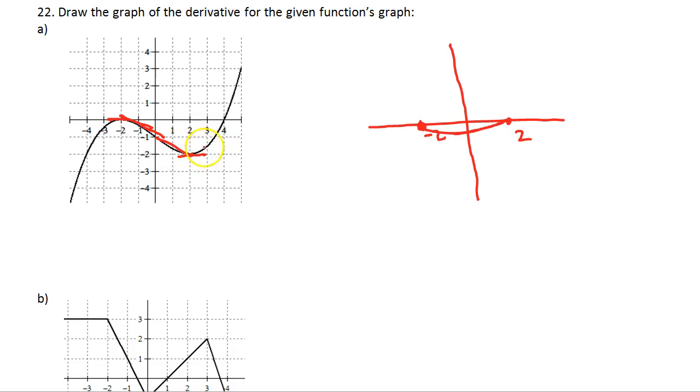And then afterwards, it's going up, so the slope is positive and it's increasing and increasing, so positive. Over here the slope is also positive. Okay, so that's the graph of the derivative. It should be something like this. You should write down here that at -2 and 2 the derivative is equal to 0.